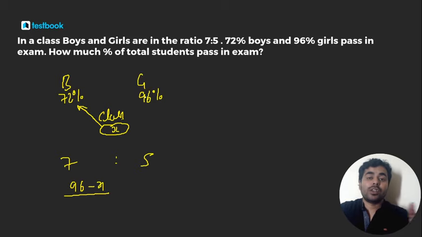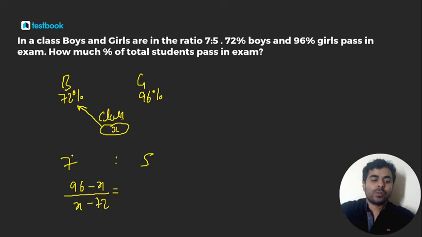Since there are two components, one component is always greater than the mixture and the other component is always smaller. So we always subtract from greater to smaller, right? So x minus 72. These should be in the ratio, since this subtraction was in the ratio 7 and this subtraction was in the ratio 5.